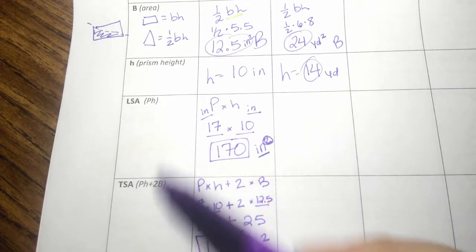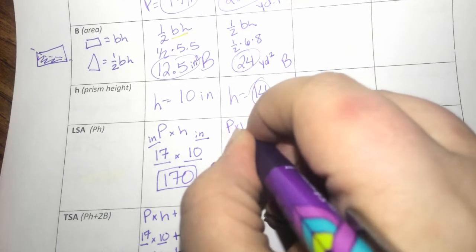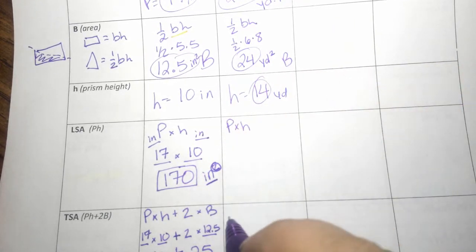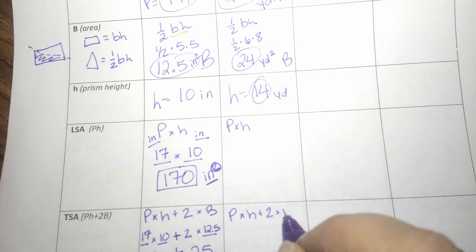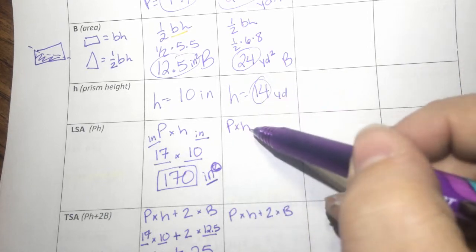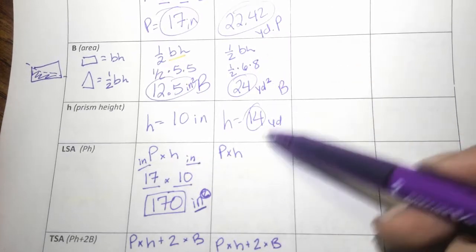Okay. Now that we have the three variables that are used in each of those formulas, we're ready to find out what the lateral and total surface areas are equal to. P times H. I would encourage you definitely to pause the video now that you know what P, B, and H are.